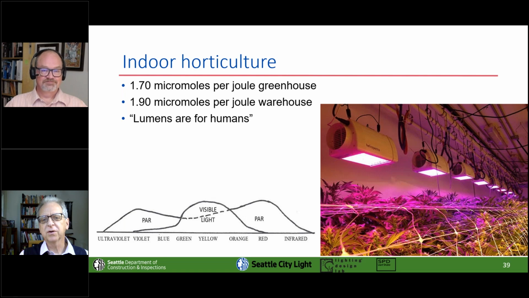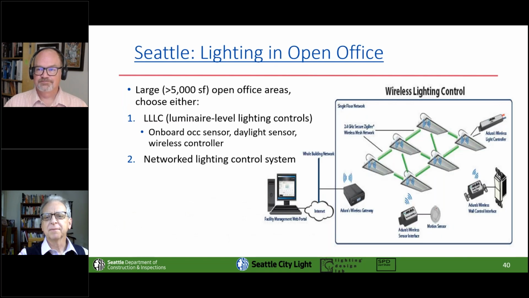There are still some growers who insist that special effect depends on a different light source, and I think the best double-ended HIDs can still meet this standard. But we're not talking about lumens for these spaces, because lumens are for humans.